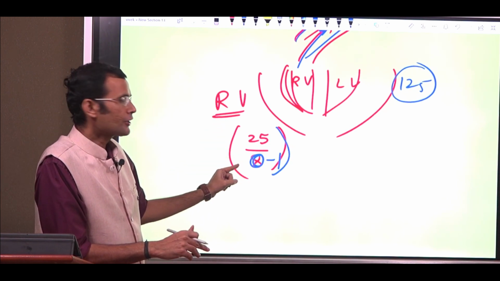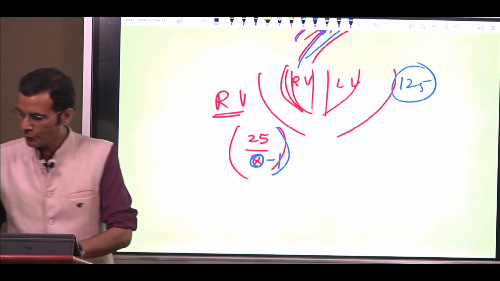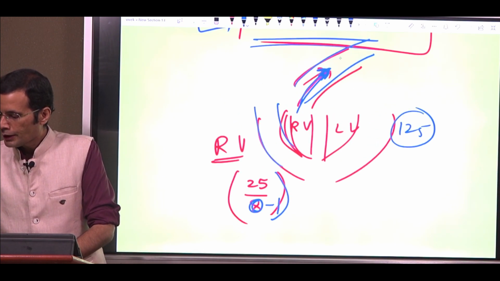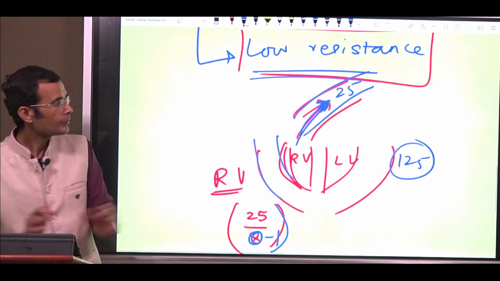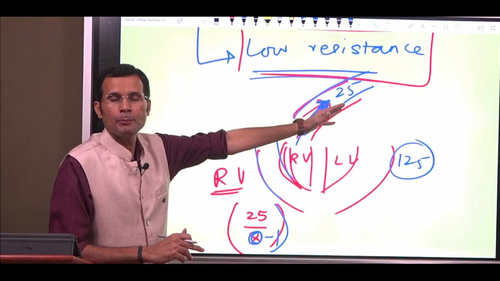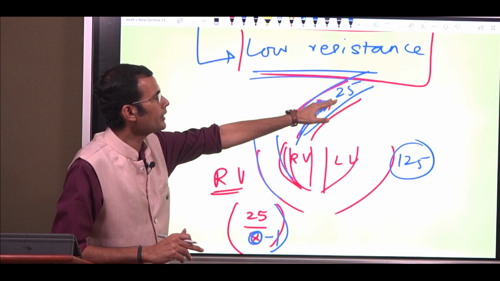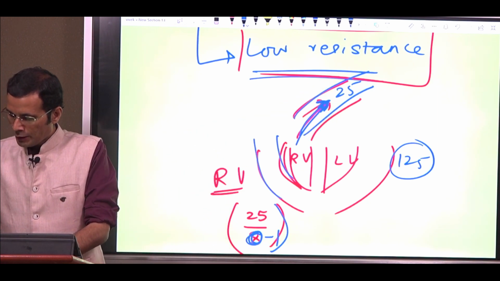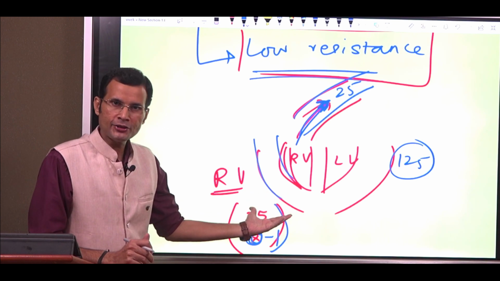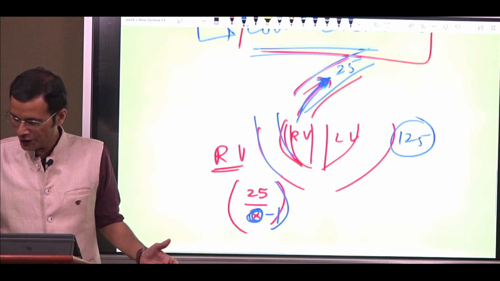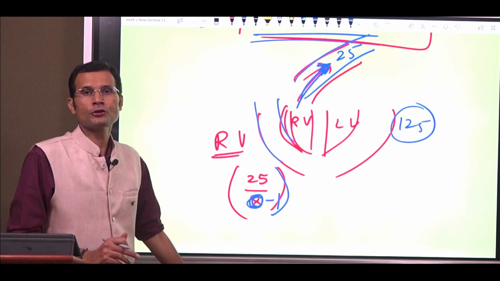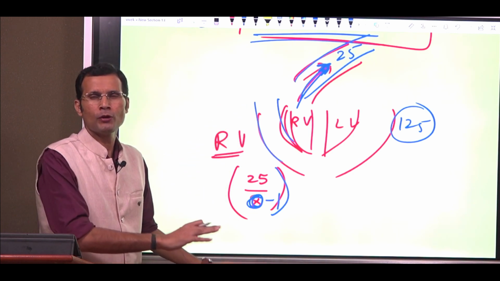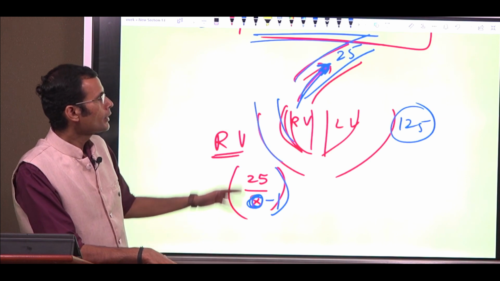So, look at the pulmonary artery pressure. Right ventricular systolic pressure is 25. When the right ventricle goes in systole, the pressure is reflected in the pulmonary artery, so even pulmonary artery systolic pressure will be 25 mm of Hg. But when the right ventricle goes in diastole, its pressure precipitously falls from 25 to 0, 0 to 1 mm of Hg, that's it.